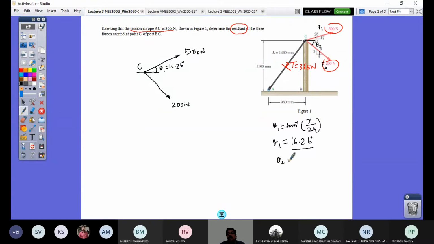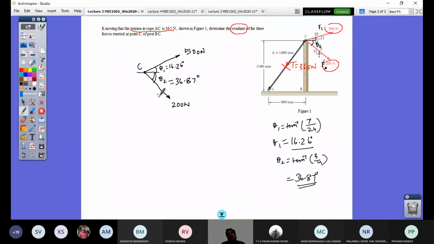So theta 2 will be tan inverse of 3 by 4. Shift tan inverse, the answer is 36.87 degrees. So that is your theta 2, 36.87 degrees.